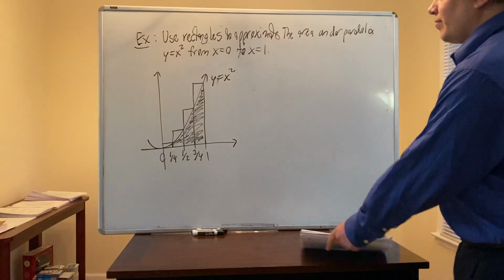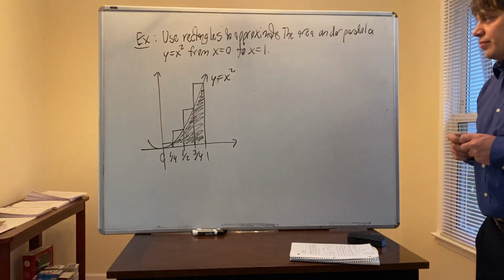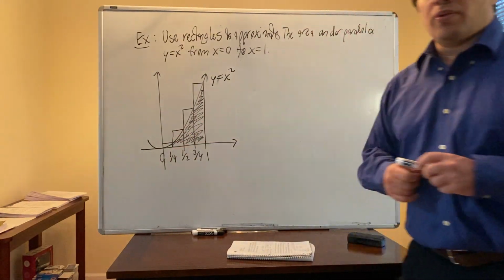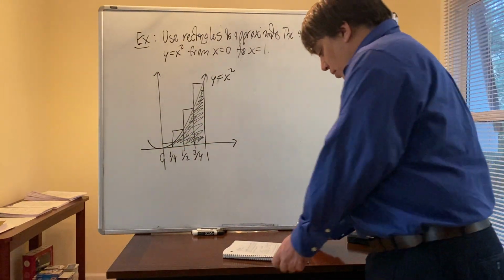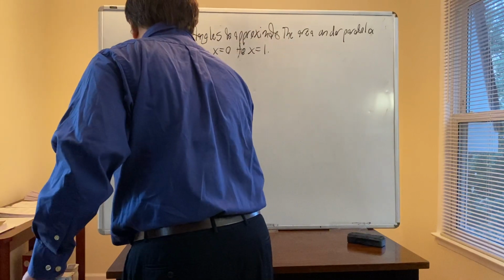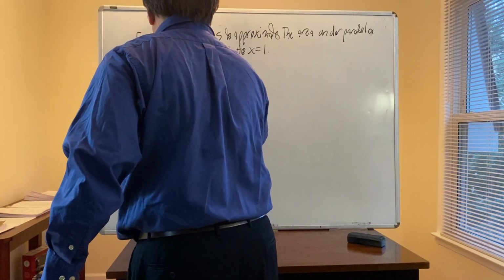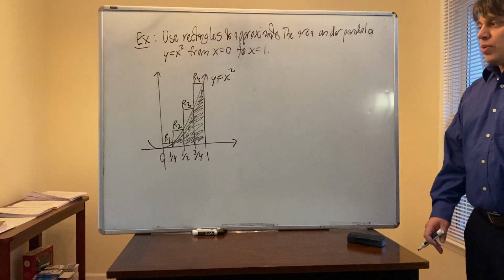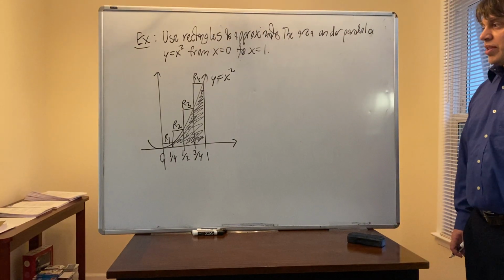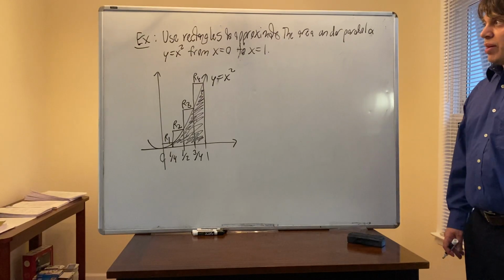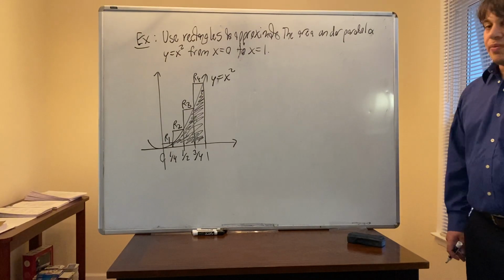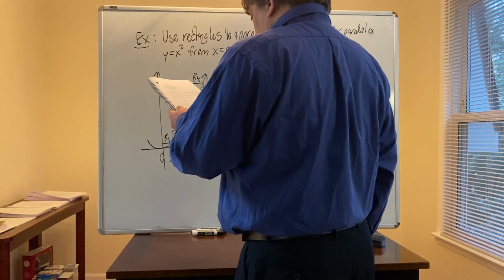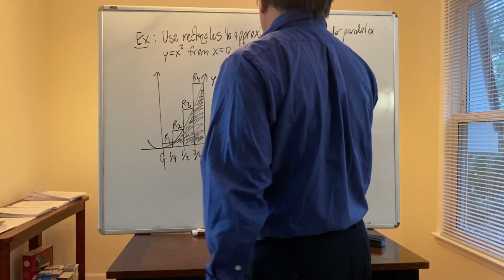Okay, and so our approximation is going to be the sum of those 4 rectangles there. So I'm going to call this rectangle R1, this rectangle R2, this rectangle R3, that rectangle R4. The sum of the areas of R1, R2, R3, and R4 approximates the area under the parabola y equals x squared from x equals 0 to x equals 1.